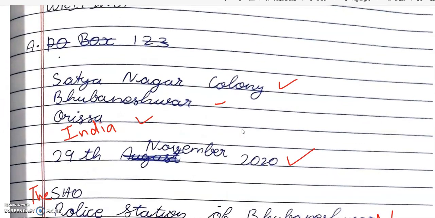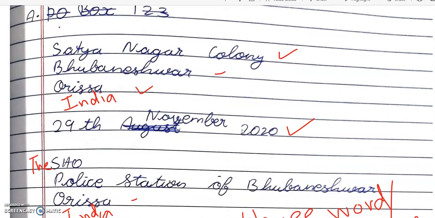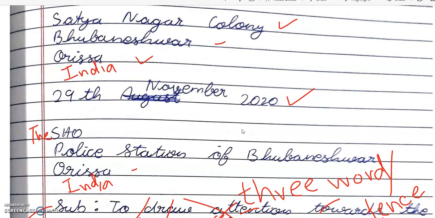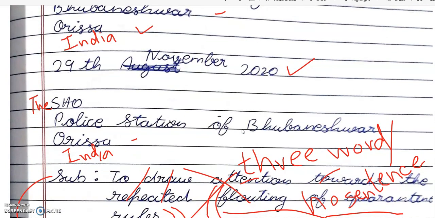You can see the self address on the one. The address, what is given in the question paper, is only an indication. You need to check it very carefully, what part, city, country, what is missing. And then you need to give the date as it is given over here. The SHO, that is the full form.